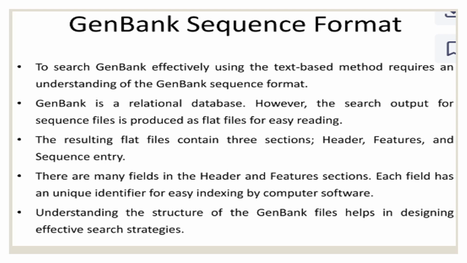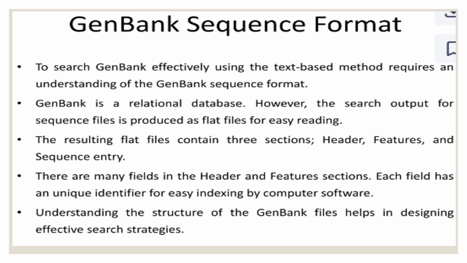We can see how many exons, how many introns, and how many conserved domain sequences are there in a particular sequence. The resulting flat files contain three sections, as I defined earlier: header, features, and sequence entries.